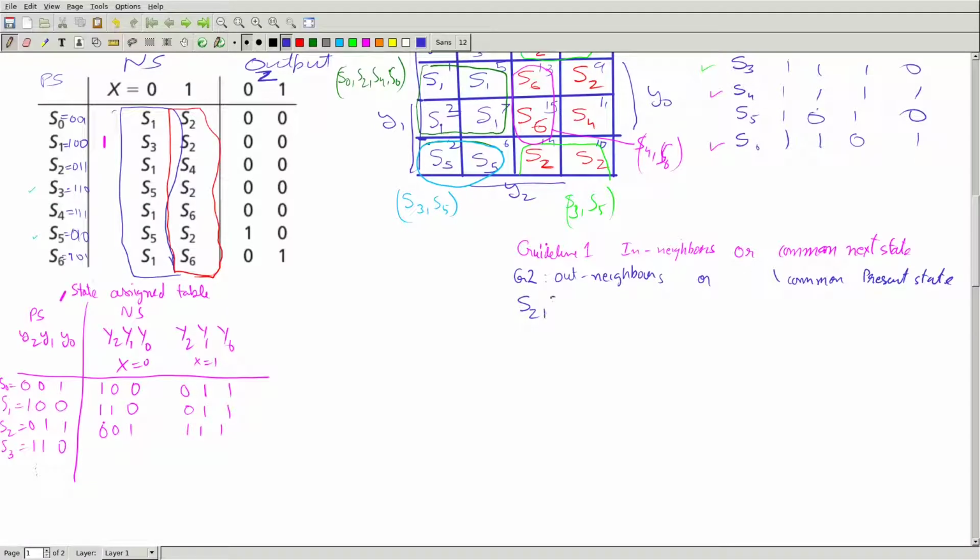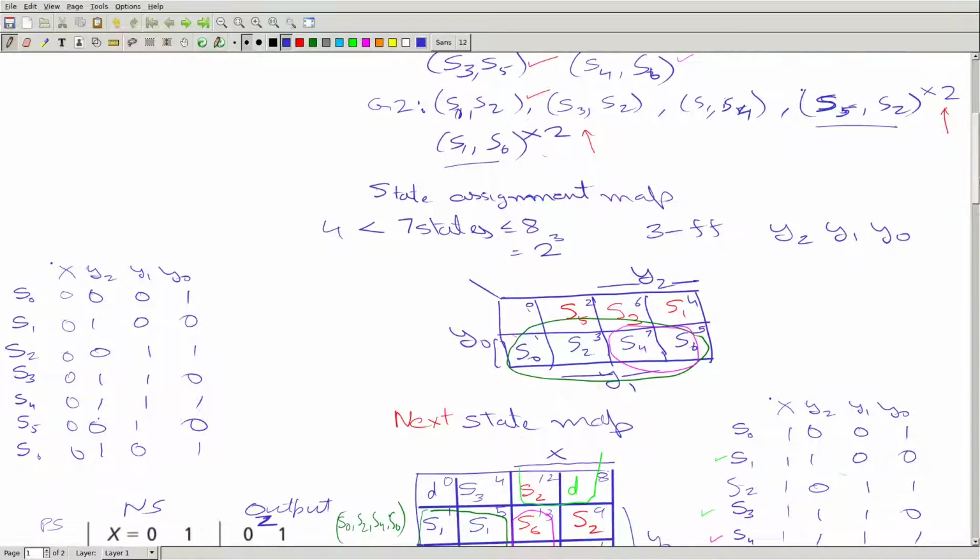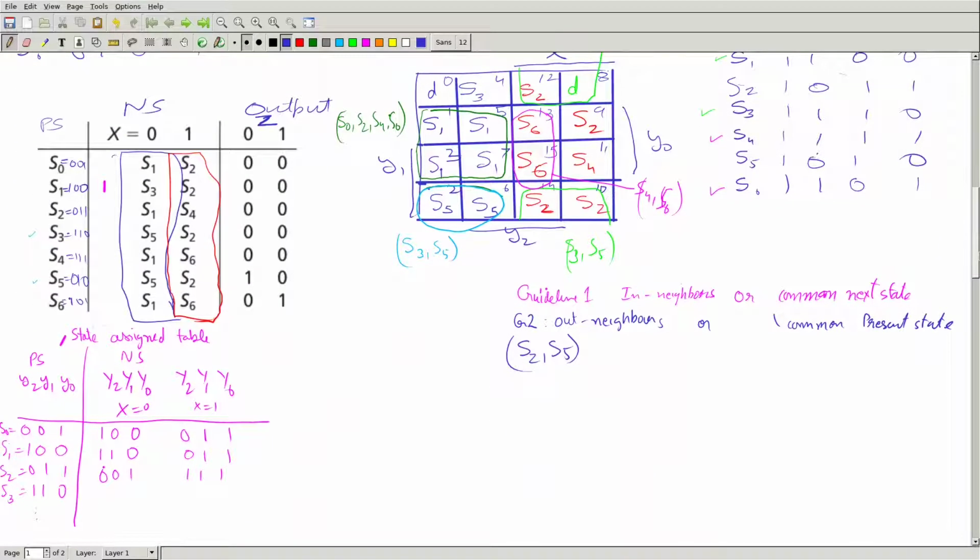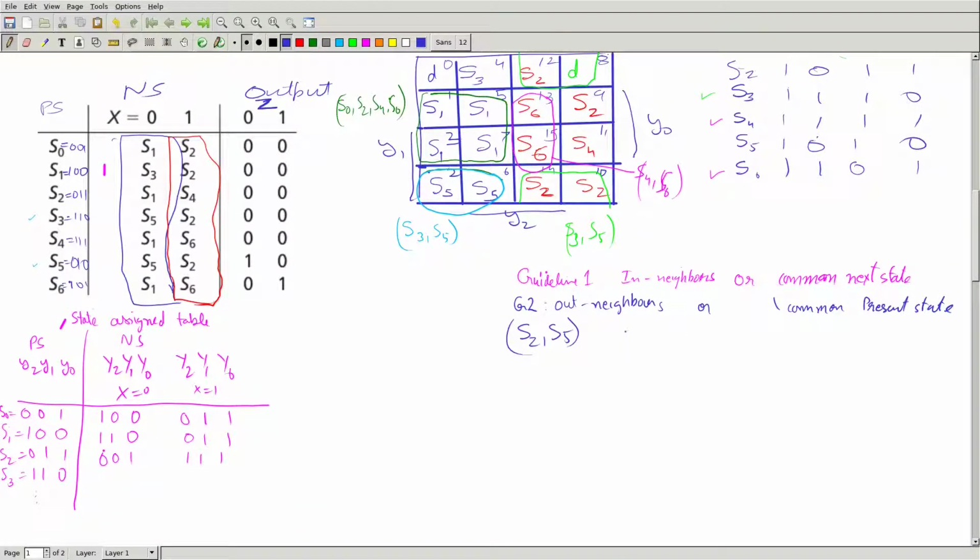S2 and S5 together, right, or we group them closely together, then their encoding for S2 it's 0, 1, 1, and for S5 it's 0, 1, 0. So that differs only by 1 bit.